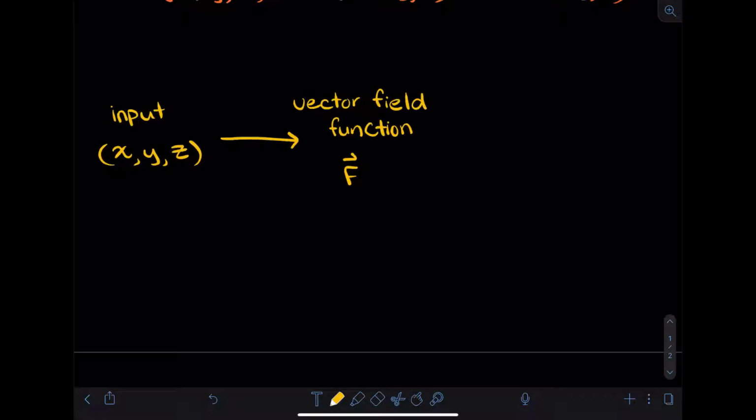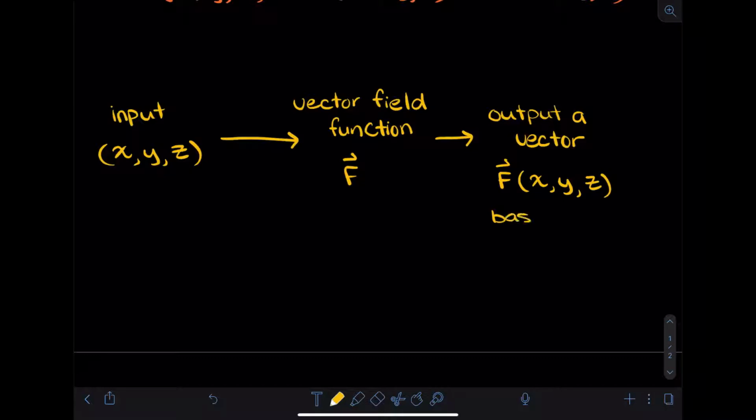So in a region we're talking about in some sort of space, we're going to pick a point with coordinates x, y, and z, put that into the vector field function, and what we get out of it is actually going to be a vector, which would, of course, be the function F evaluated at the point we inputted, x, y, and z. And the important thing here is that it's based at that point.